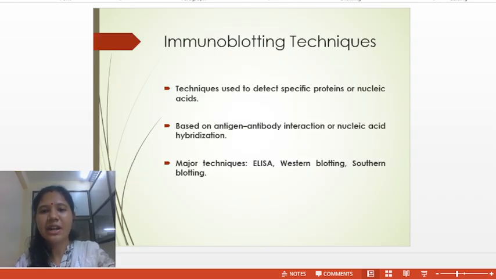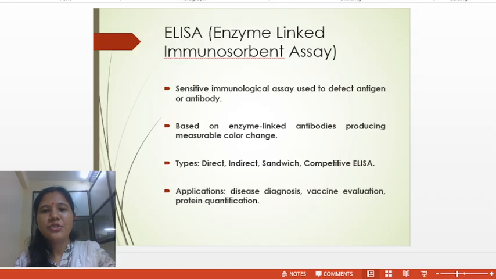Immunoblotting techniques are used to detect specific proteins or nucleic acids based on antigen and antibody interaction or nucleic acid hybridization. Major techniques are ELISA, Western blotting, and Southern blotting. ELISA is also known as the enzyme-linked immunosorbent assay.